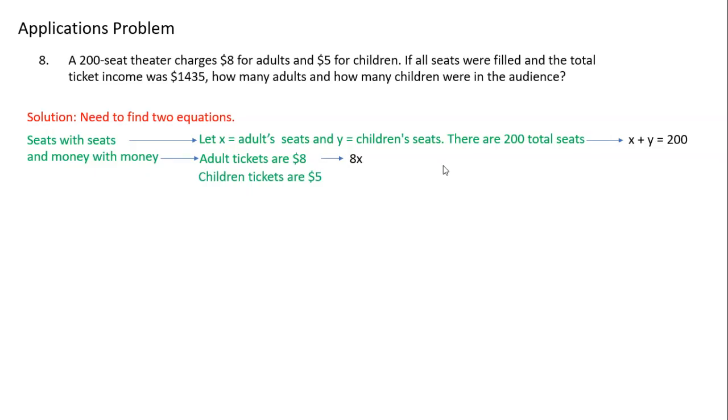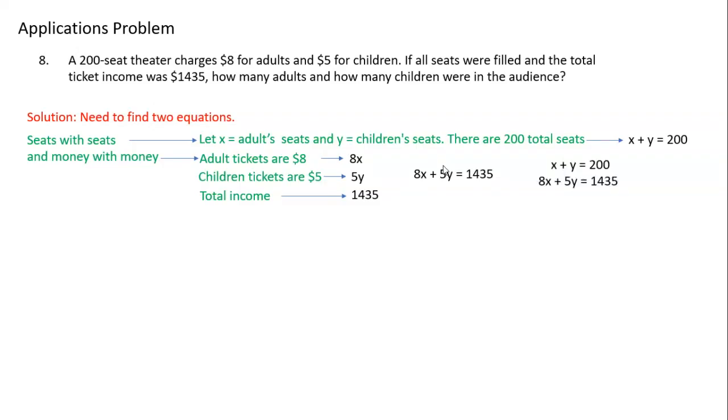So to calculate the revenue for children would be 5 times y. So to get the total revenue, if I add these two quantities, they should equal my total income, which they gave me, which was $1,435. So my total income is this $1,435. So to get this equation, I add these two variables together. 8x plus 5y should equal the total income, 1,435.